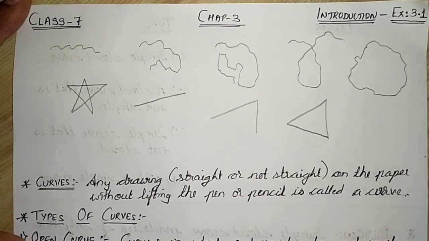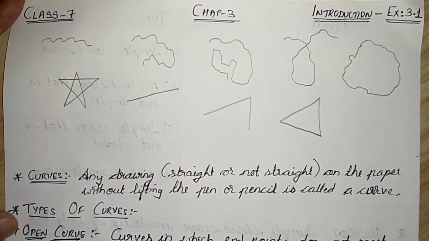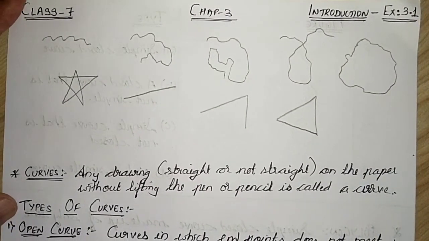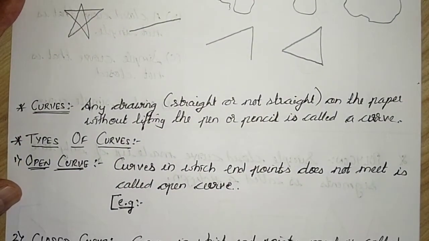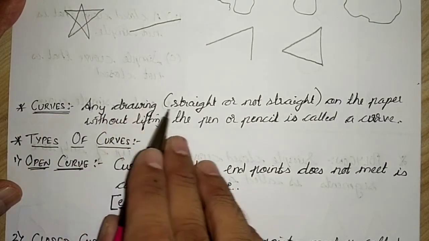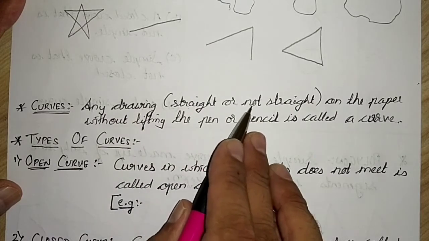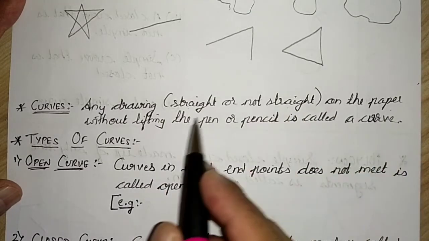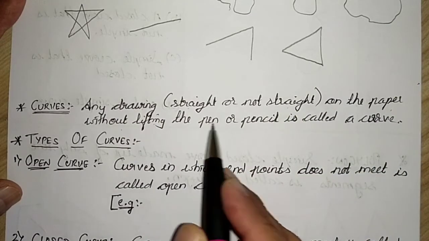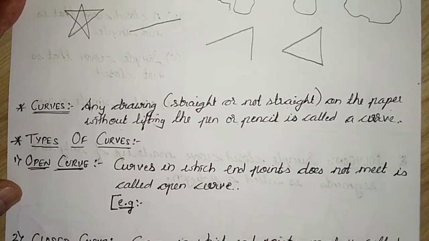In all these figures, what I have done is, I was feeling bored in between two lectures, so I started doodling like this. Well, actually you have made some figures, and that figure is known as a curve. The definition of a curve is any drawing, whether it is straight or not straight, if you draw it on paper without lifting the pen or pencil, it is called a curve.